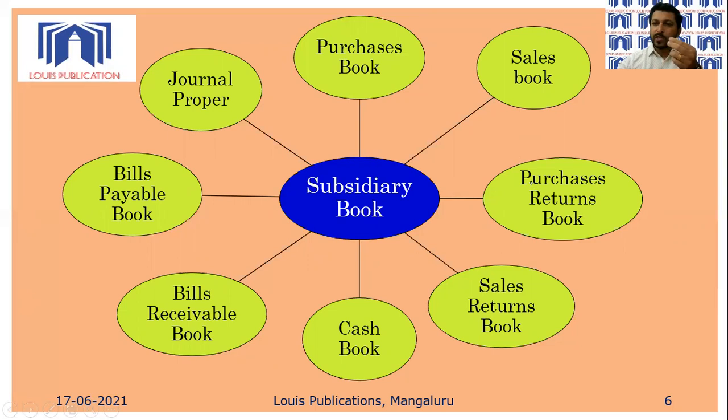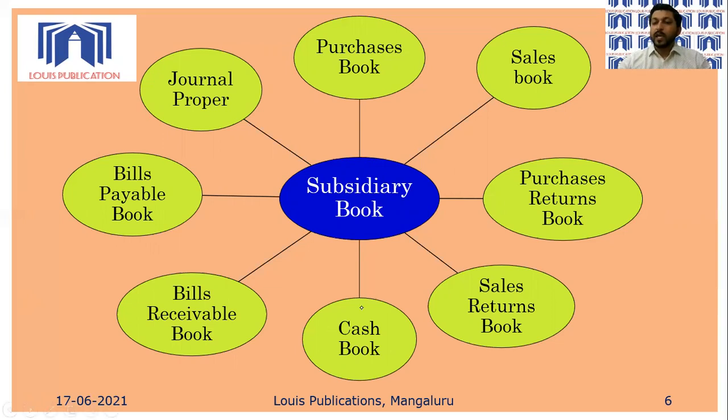That is all purchase returns for which no cash is received, allowances claimed from the supplier, and all purchase returns of goods which were originally purchased from the supplier on credit will be recorded in the purchase returns book. Then we have the sales returns book: all goods returned by the customer, no cash paid, recorded in the sales returns book. Allowances granted to the customer are also recorded in the sales returns book.